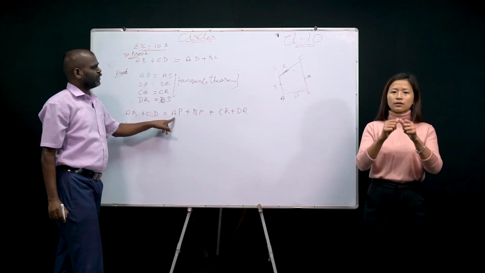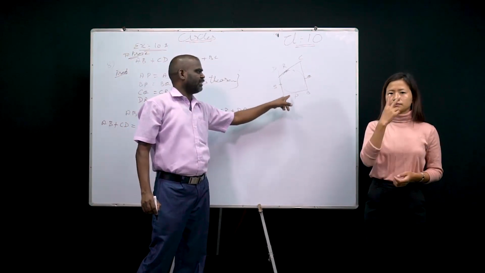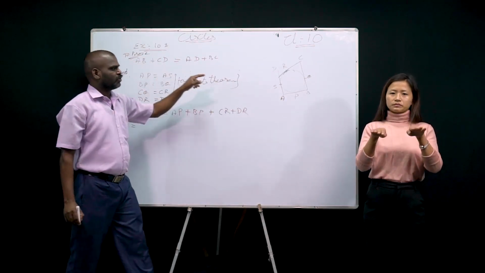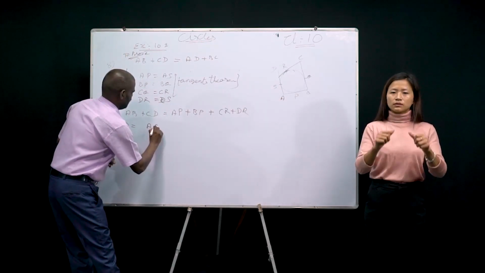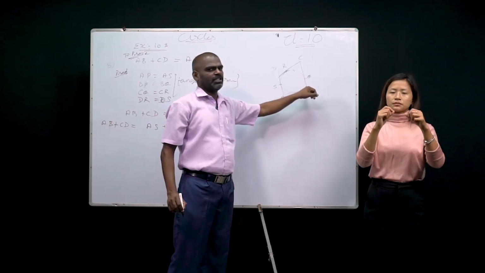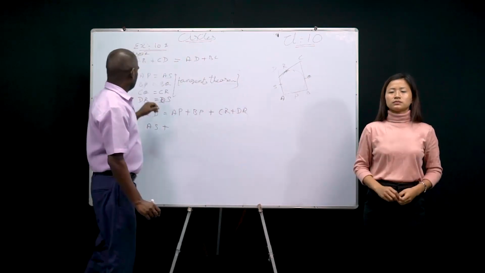In place of AP, shall we write AS? Yes, look at the board. AP and AS, are they equal or not? They are tangents, isn't it? AP and AS are equal, right? So in place of AP, we can write AS. Plus BP; BP and BQ are equal, tangents. So in place of BP, we can write BQ.